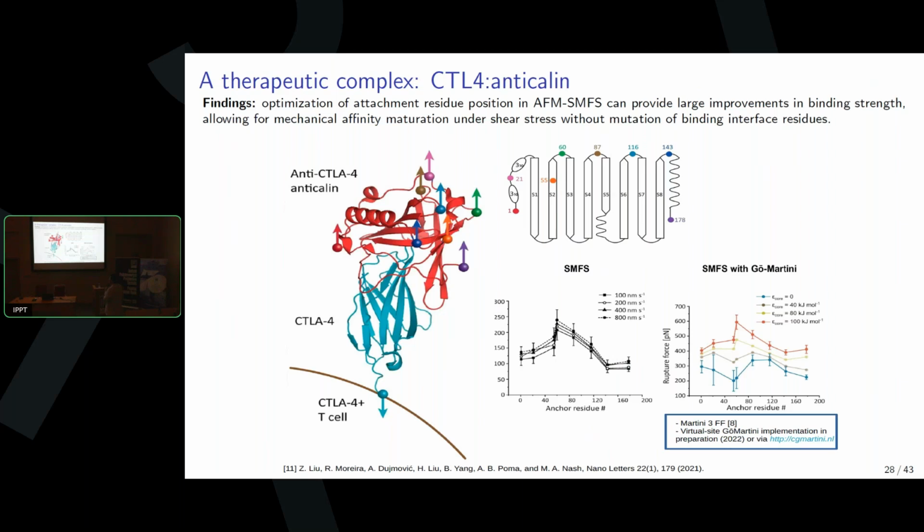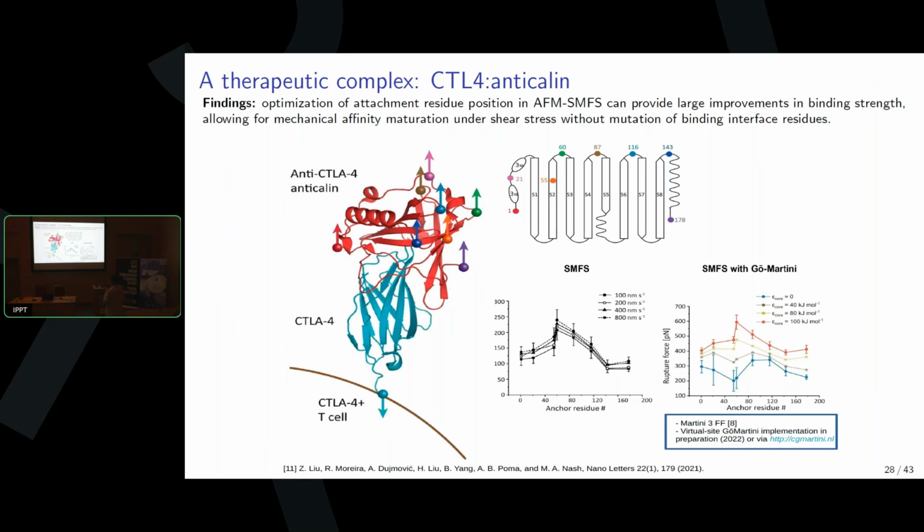So they asked us to check what is happening at the molecular level, because there are different pulling directions, and this is not so easy to do with all-atom simulation. So we started to parameterize the model with GōMartini. There was only one parameter in the model, the epsilon of the model.